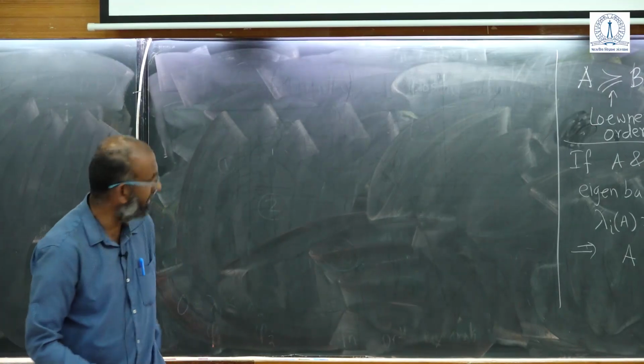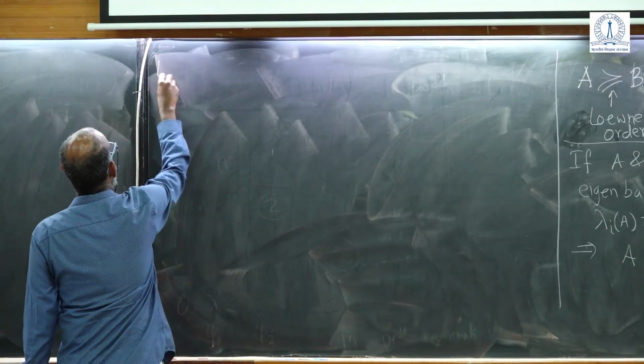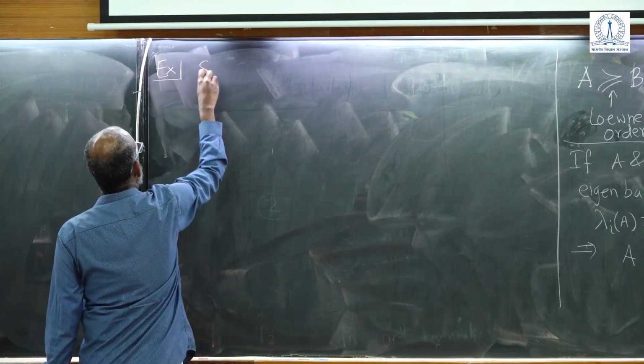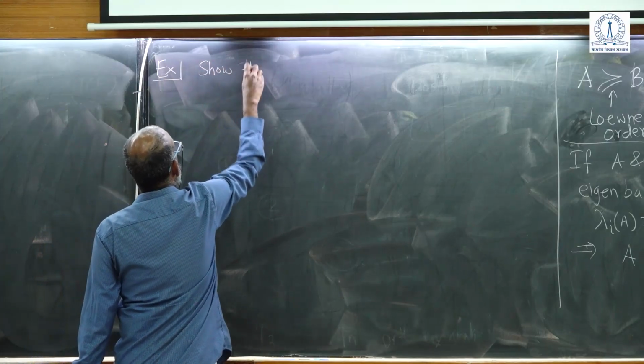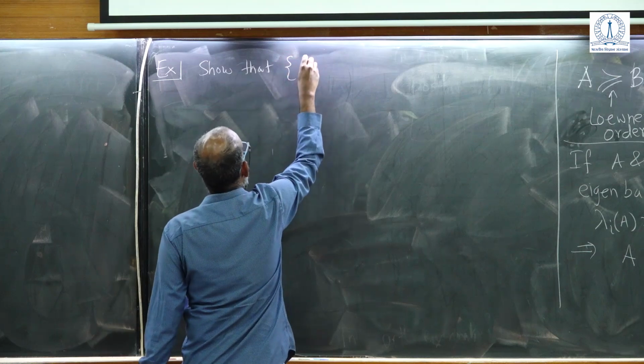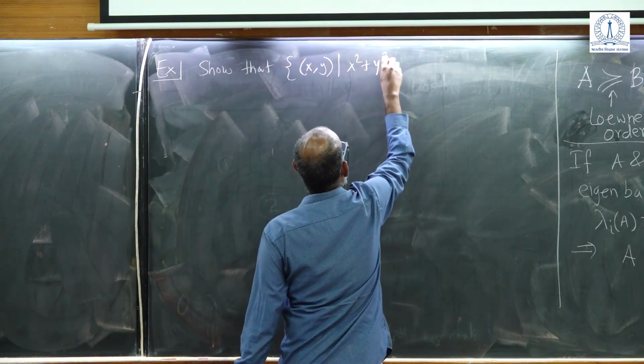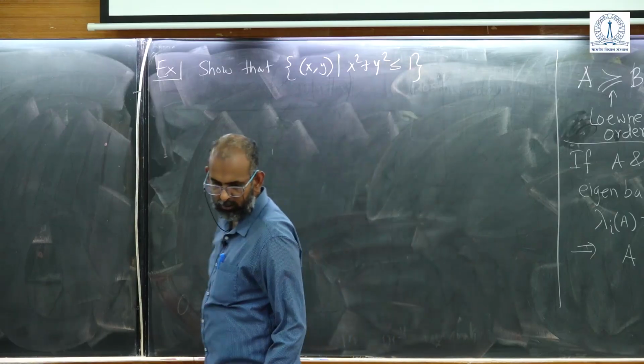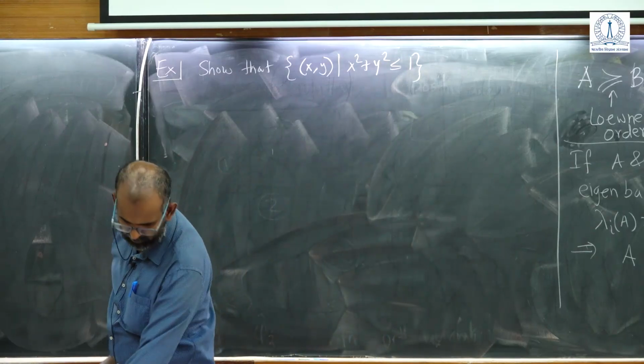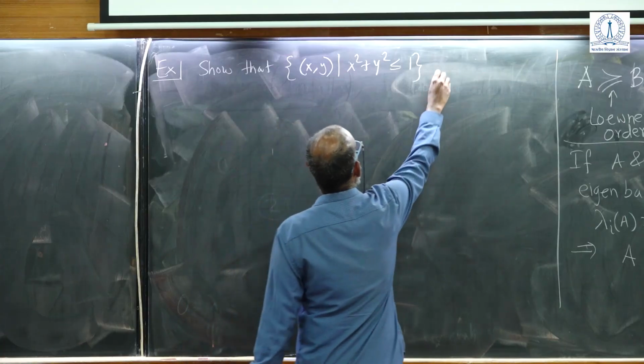The exercise was to show that the set of (x, y) such that x squared plus y squared is less than or equal to 1 can be written as a spectrahedron.